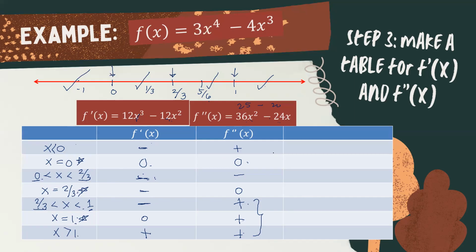Laging kung mayroong negative, positive na magkasunod, dapat may 0 in between. Kaya kung walang 0 in between, more likely they should have the same sign. Same as this one, more likely they should have the same sign. Kasi otherwise, there should have been a 0 in between.